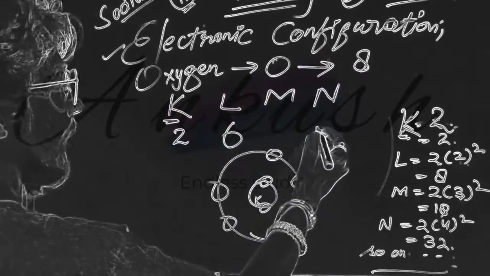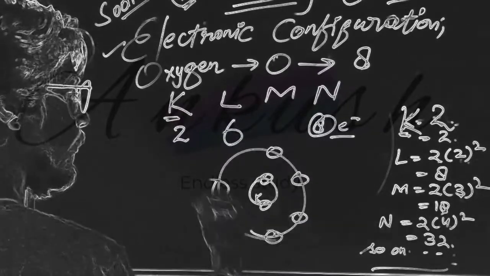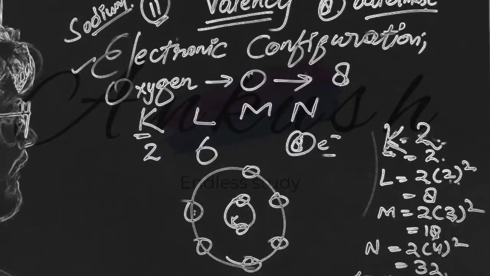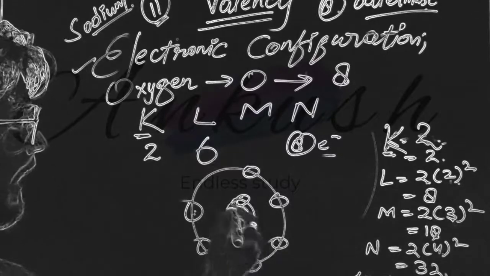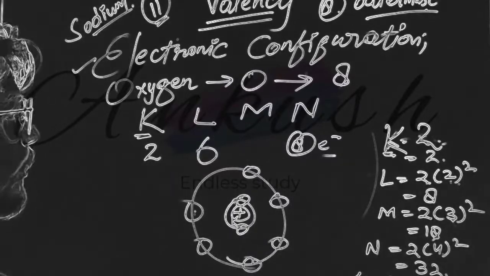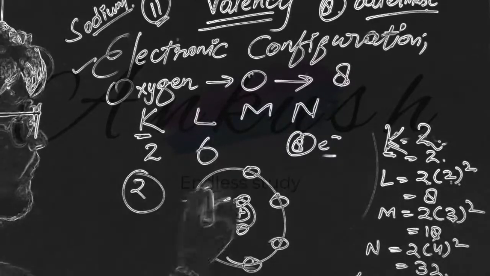But we know that if there are 8 electrons in the outermost shell, then it will get stable. So what will it do? It cannot give out 6 electrons because these are very close to the protons and the attraction force is very high. There will be a lot of loss of energy. So the better deal is taking 2 electrons.